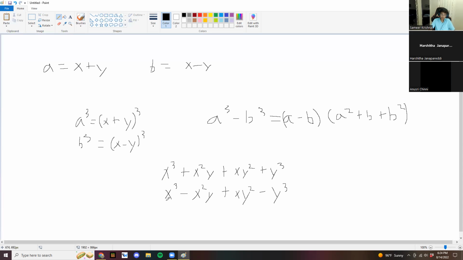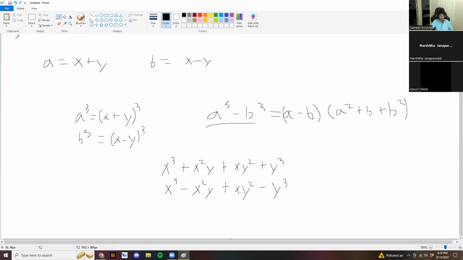So first we have to combine these two terms over here. So we get 2x cubed plus 2x, 2y. Wait, why are we adding them? Well, not adding, so we're subtracting. My bad. Still, why are we subtracting? Because this is a minus. Okay, I got it.